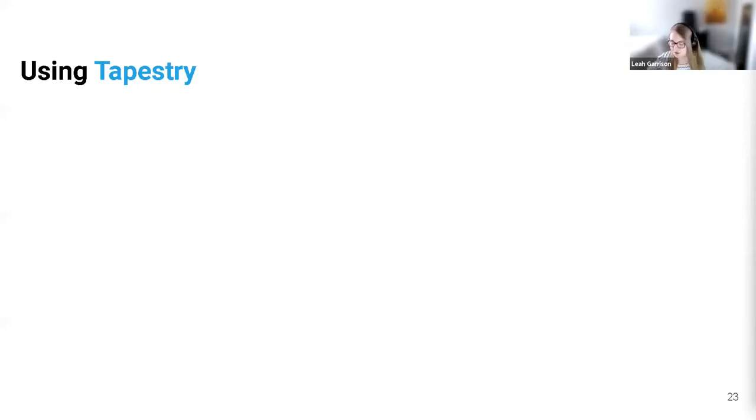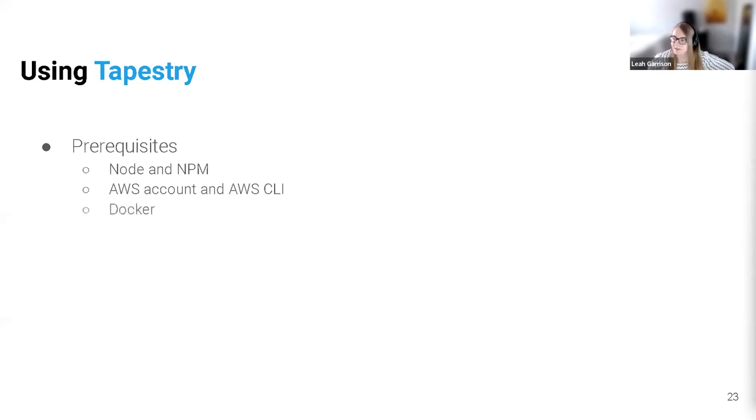Getting started with Tapestry is pretty simple. If you are the engineer looking to get started, you would first need Node and npm installed on your local machine, as Tapestry is a Node package. Also, since Tapestry is specifically configured to set up a number of AWS resources for you, you also need an AWS account and the AWS command line interface set up and installed on your machine.